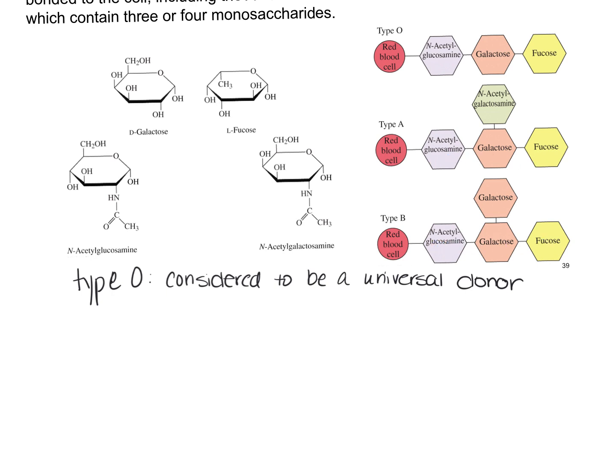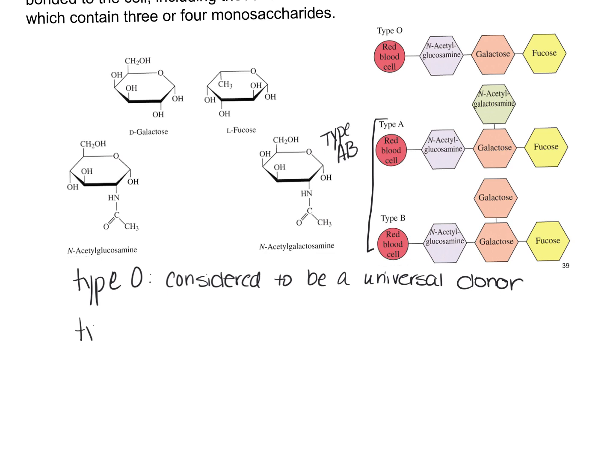So you can donate type O blood to type O, to type A, to type B, or to type AB, which is a combination of these 2. Okay, so it's a universal donor. It can be donated to any of those.